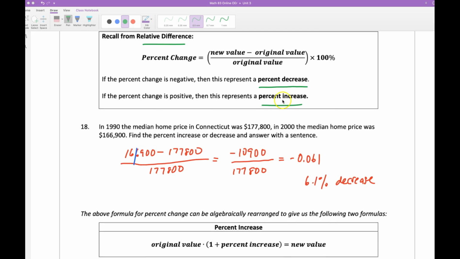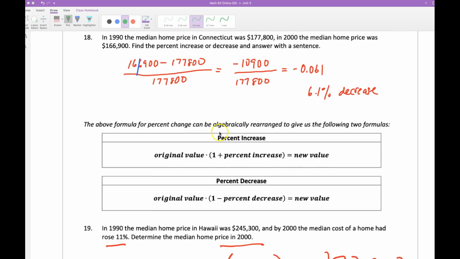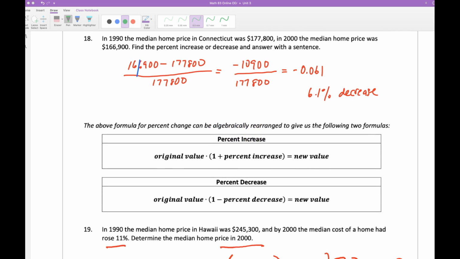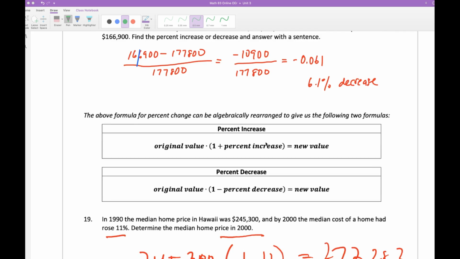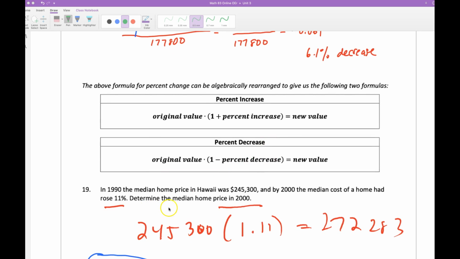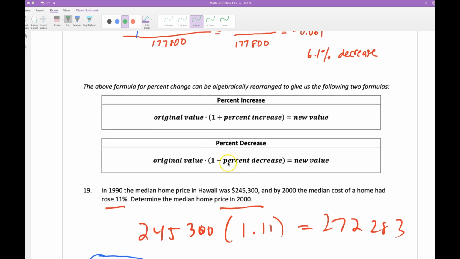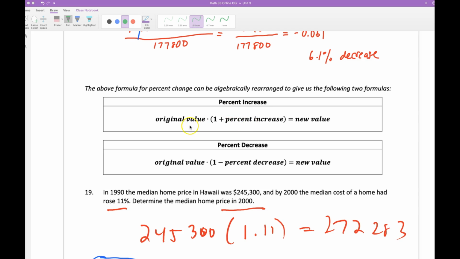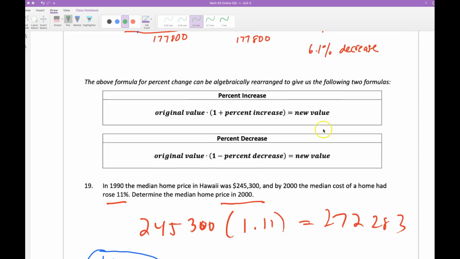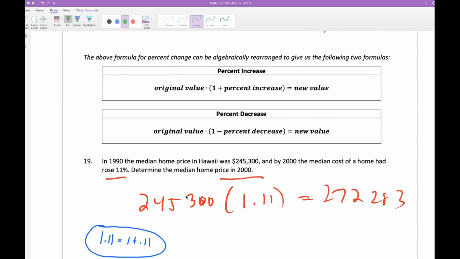There's another way to change this formula for finding percent increases and decreases, when you're given what the percent increase or decrease is. Notice this formula: it's your original value times 1 plus the percent increase, to find the new value. In a case like this one, the median home price rose. That's increasing.